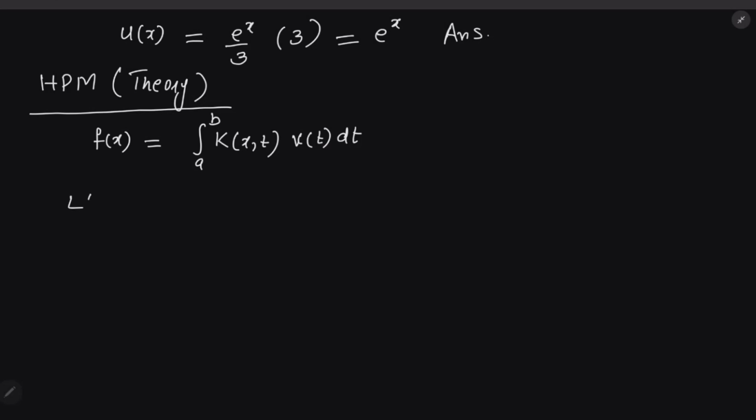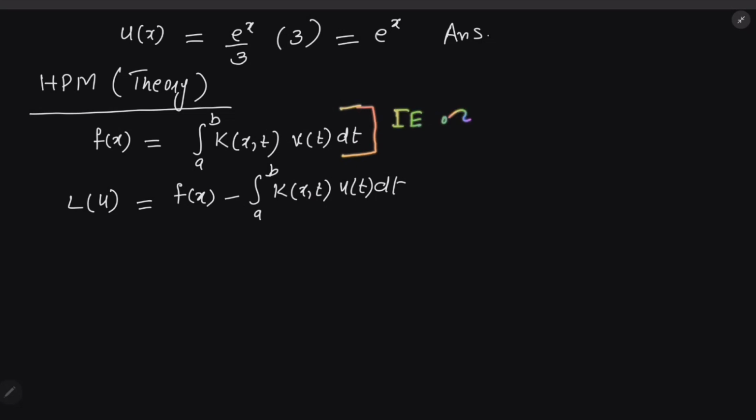Suppose we have L of u. Since we want to change this v with u, we get f of x minus integral a to b of K(x,t) u(t) dt. Remember that we are applying the homotopy perturbation method for an integral equation of the first kind. It is an integral equation of the first kind.